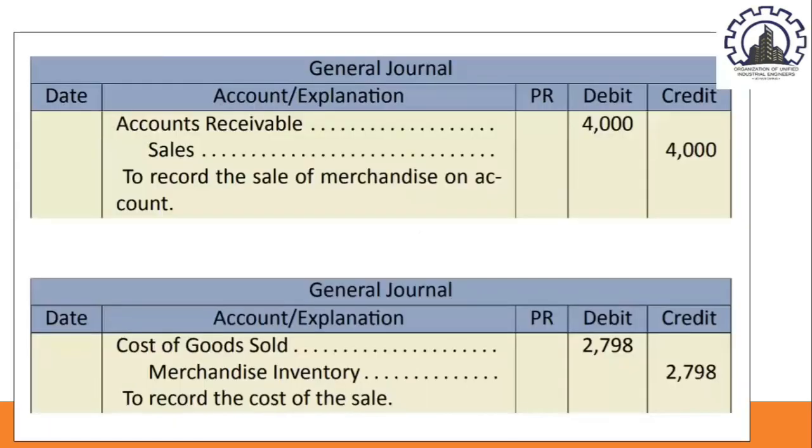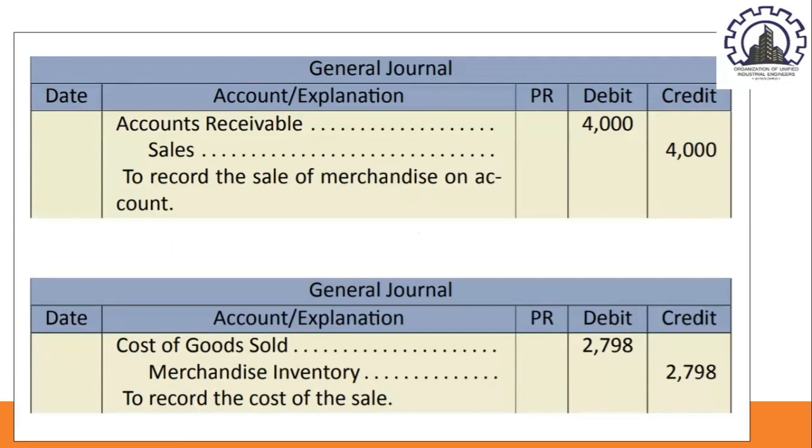So this is how your general journal entries would look like. As you can notice, originally, you have accounts receivable being debited amounting to $4,000, and you have also sales being credited $4,000 to record the sale of merchandise inventory on account.